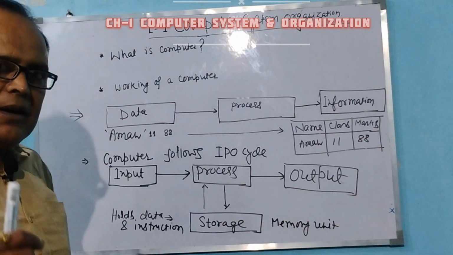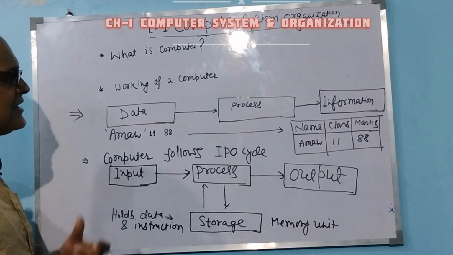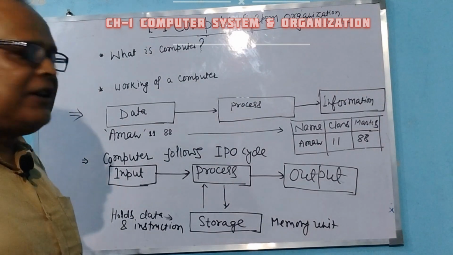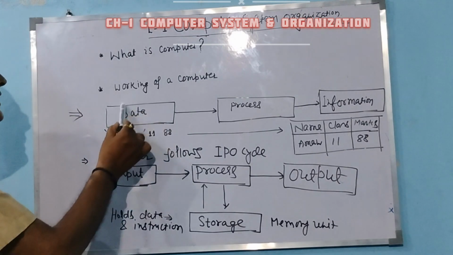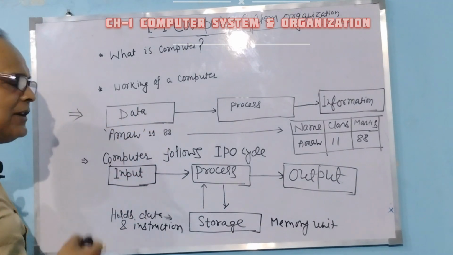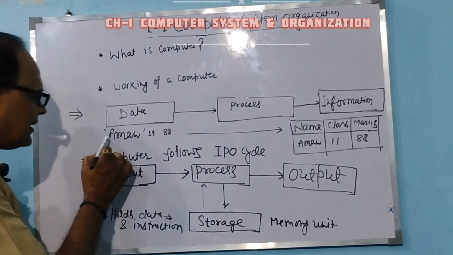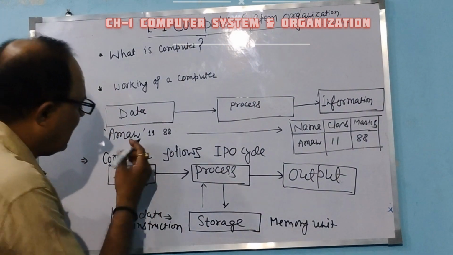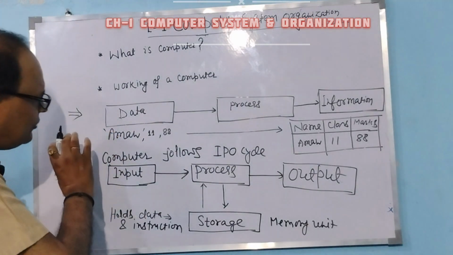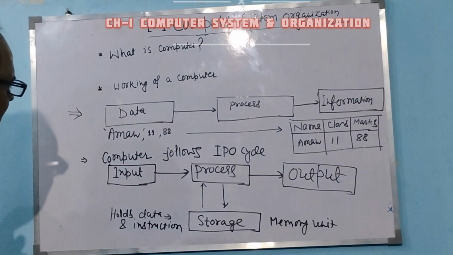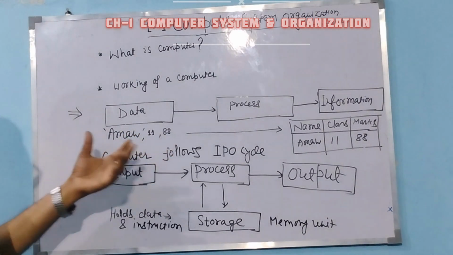Before discussing this topic, I am going to explain and differentiate between data and information. What is data? Data is raw facts and figures. Raw facts and figures means it is not complete information. Suppose I am writing here Aman 11 88.